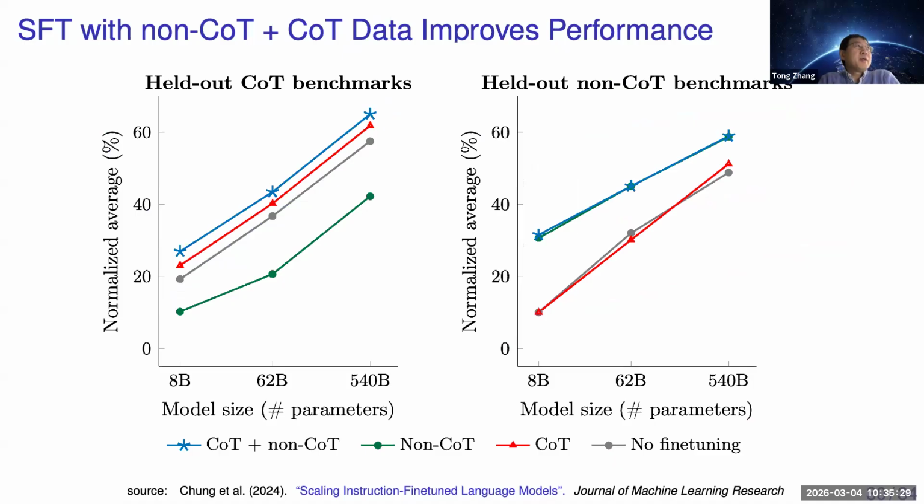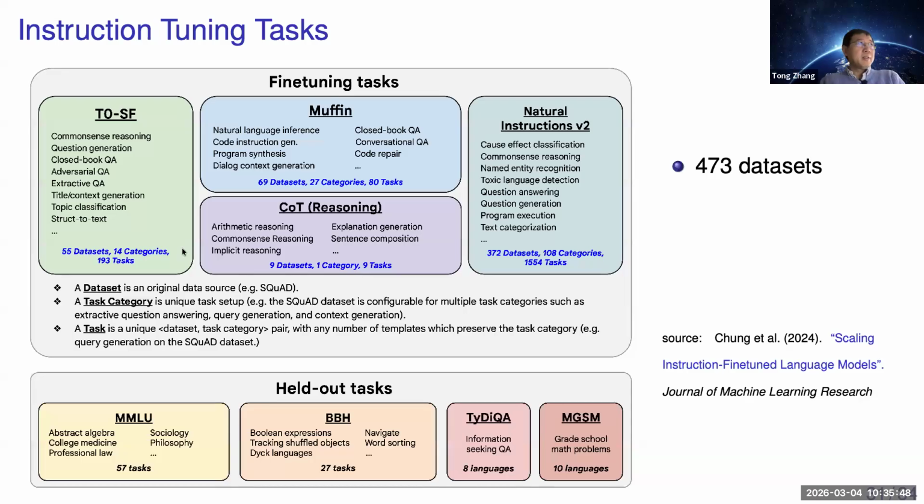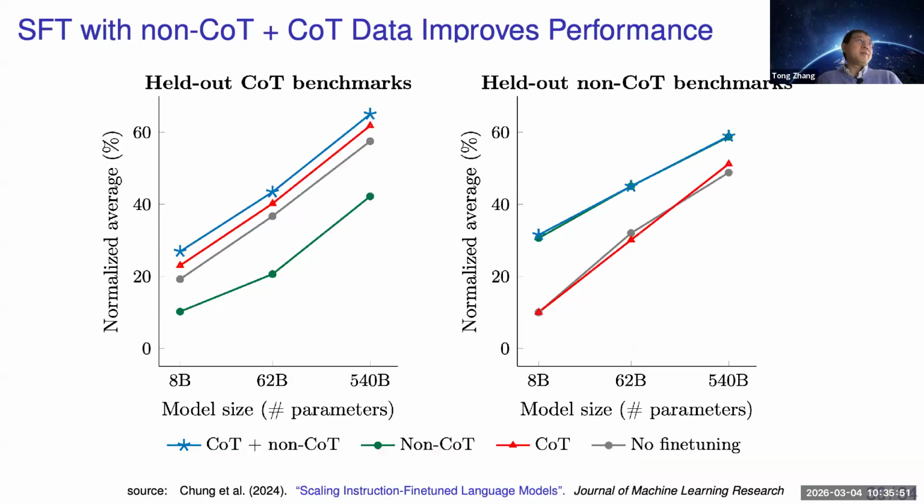Then also you have SFT with non-COT data plus COT data. The question is whether it improves the performance on held out data, COT, right? Turns out it has a mixture.